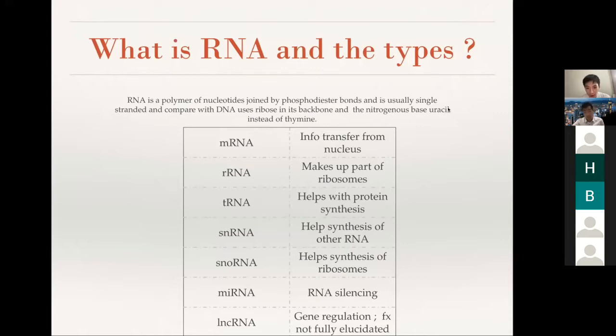So for the sugar, the ribose in RNA is a sugar that RNA uses instead of the deoxyribose that's used in DNA.